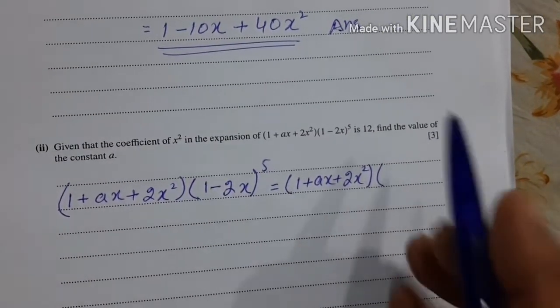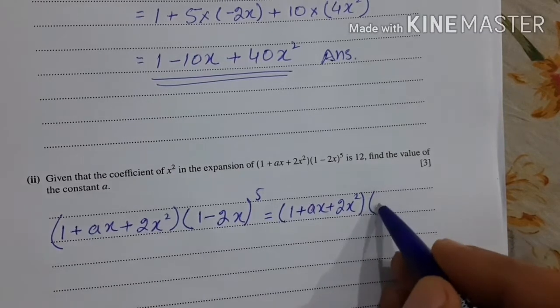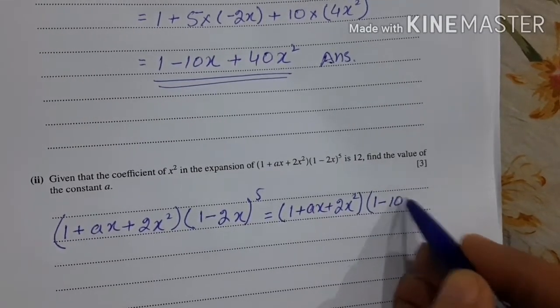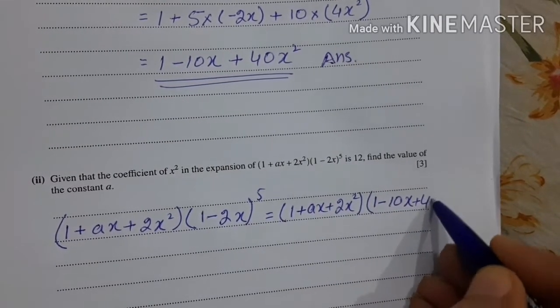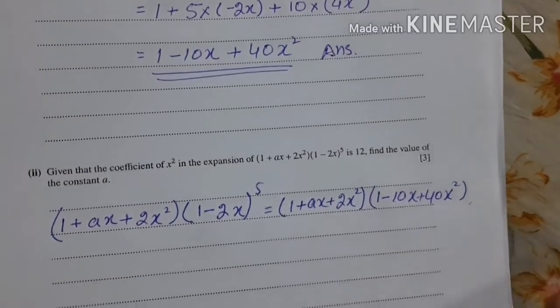So I will use these first three terms, 1 minus 10x plus 40x square.